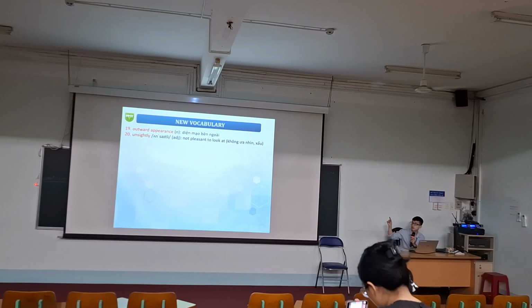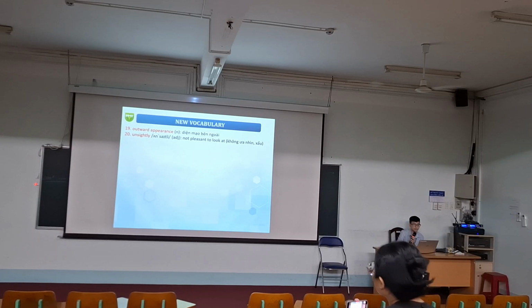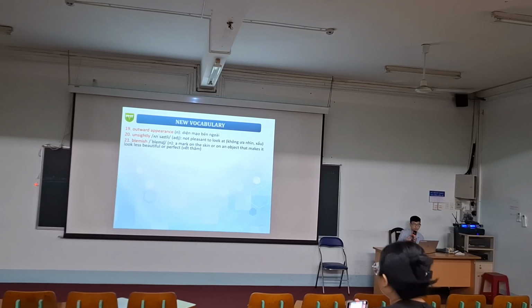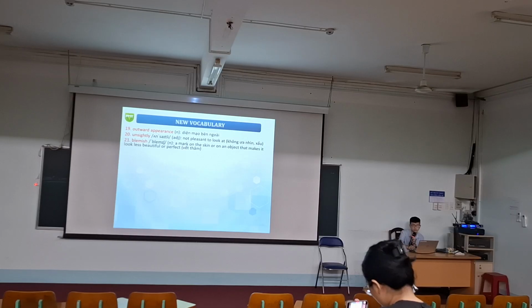Sightly is pleasant to see, but unsightly is not pleasant to look at, right? It's ugly, unsightly. Blemish: a mark on the skin or an object that makes it look less beautiful or perfect. We can get a blemish.